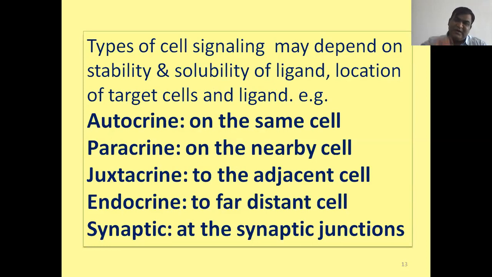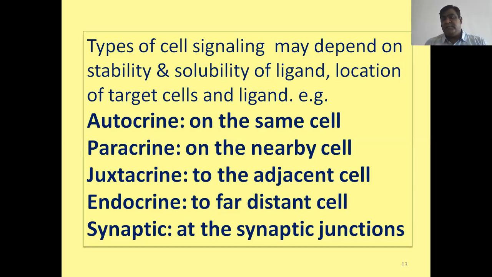When we talk to ourselves, we are speaking and we are receiving. When a cell does that, it is called autocrine signaling. When a cell is communicating with a very nearby cell, it is called paracrine. When a cell is conveying the signal to the adjacent cell, it is called juxtacrine.